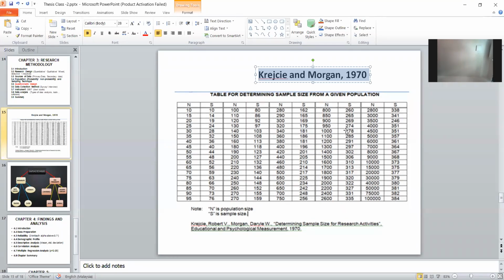Then if you cannot reach this large number of people, you can just give an explanation, a justification, that due to COVID, due to the SOP, we could not reach the people, and online they didn't reply sufficiently.